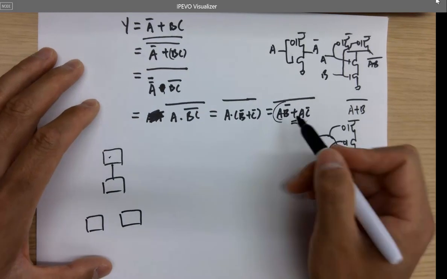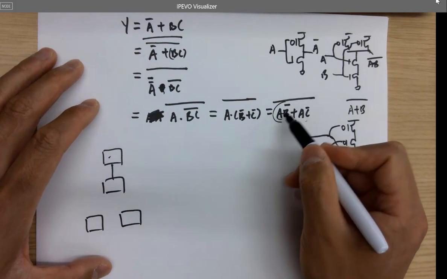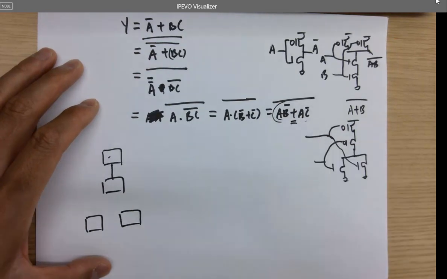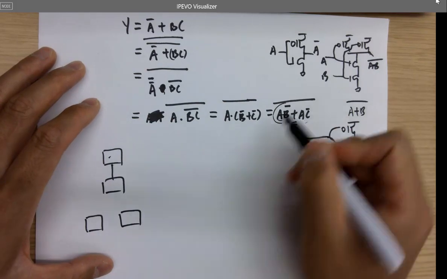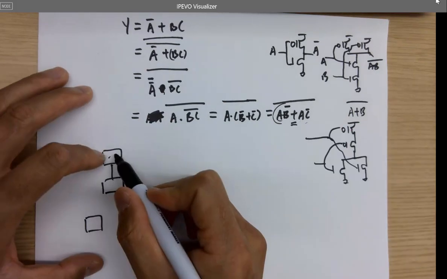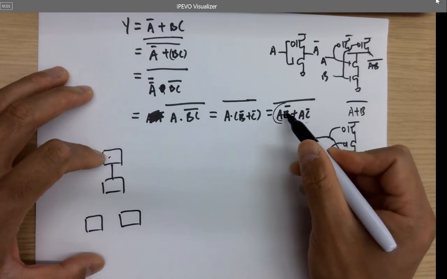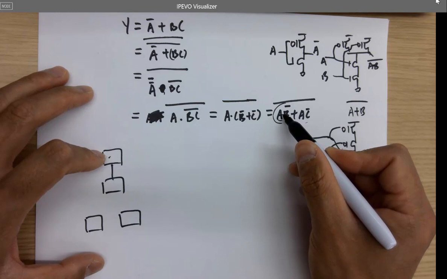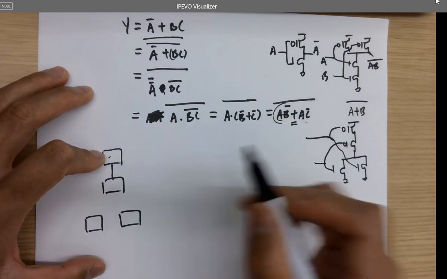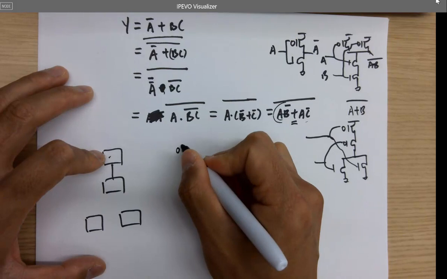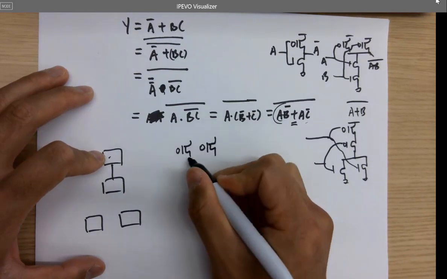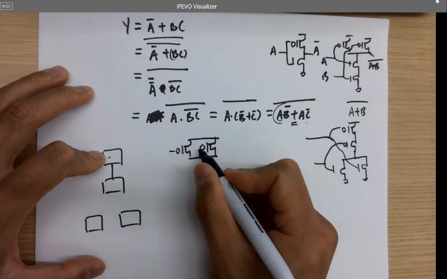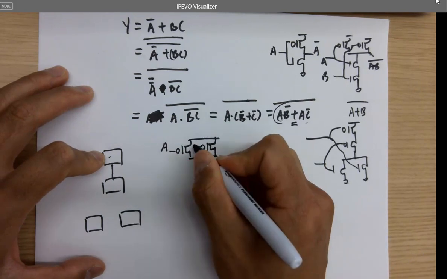Okay, and now let's design whatever is inside this block. So inside here, it is an AND logic. So AND logic, you need in parallel, right? So it becomes this. That's the first parallel PMOS, and one signal is A, one signal is B not.